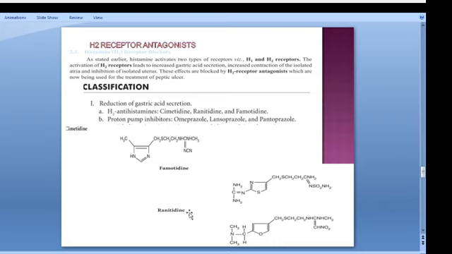Cimetidine, famotidine, and ranitidine are commonly used for the treatment of duodenal and gastric ulcer, Zollinger-Ellison syndrome, and heartburn. So mainly we use these H2 antagonists for gastric and duodenal ulcer.